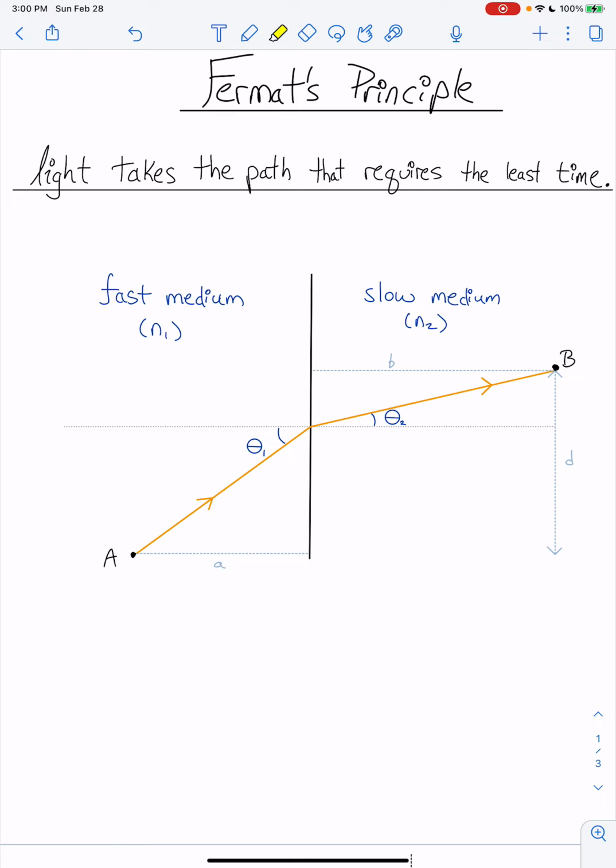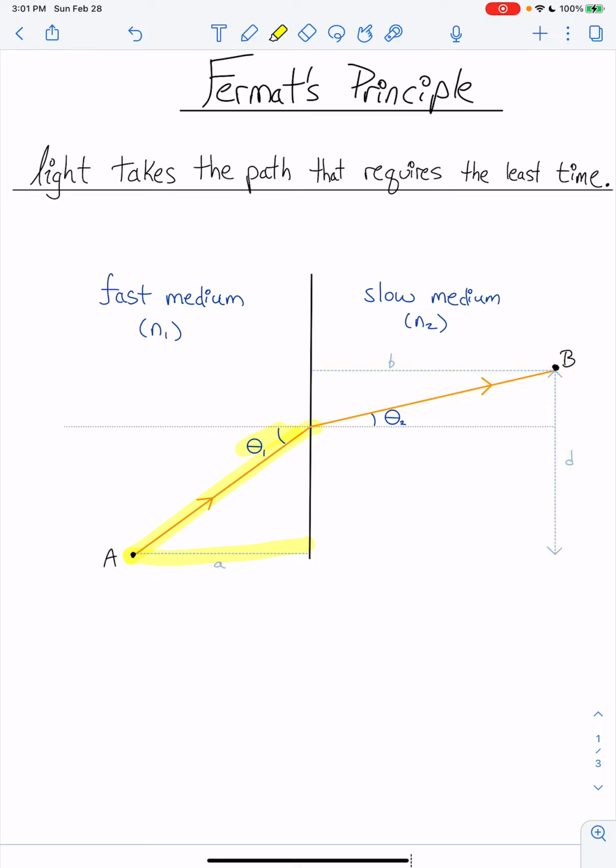All we really need to do is assume that we're going to travel along some distance here in the fast medium at some angle, and then we can call this horizontal distance there. Then we're going to travel at some angle in the slower medium, and so we also know we're going to have some horizontal distance, and overall we're going to have this vertical distance as well.